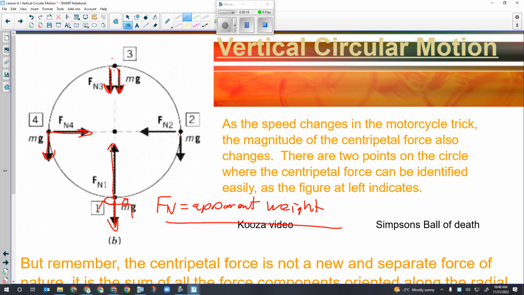We feel the normal force, which can change depending on our position or condition. That is, if we're moving in a circle, it can change. Okay, so apparent weight is your normal force, and you can sometimes feel apparently quite heavy, apparently a lot heavier than normal, and apparently lighter than normal, and apparently weightless.